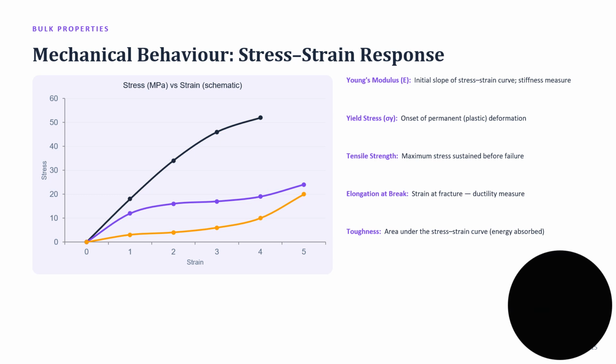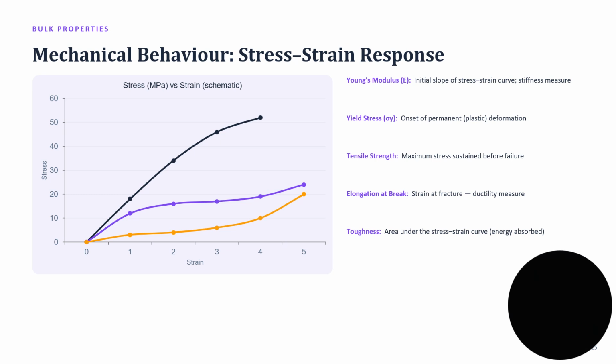Elongation at break is the strain at the point of fracture, your measure of ductility. And toughness is the total area under the curve, representing the total energy absorbed before failure, which is why a material can be high strength but low toughness, or vice versa, depending on how ductile it is.